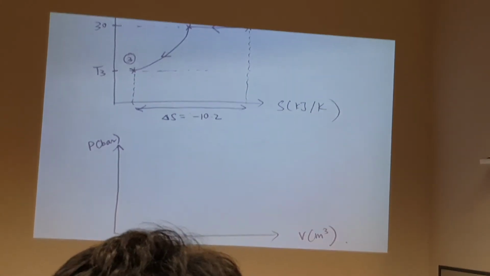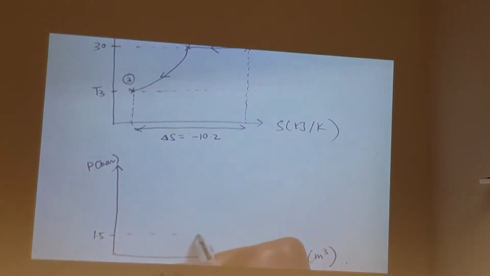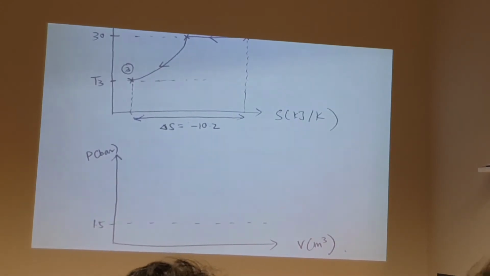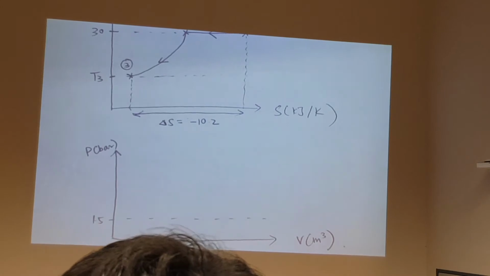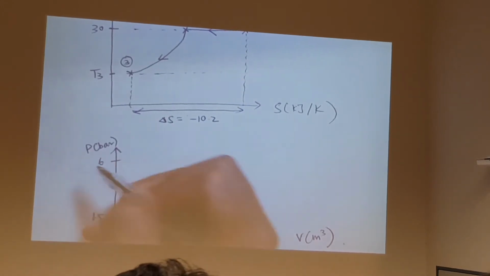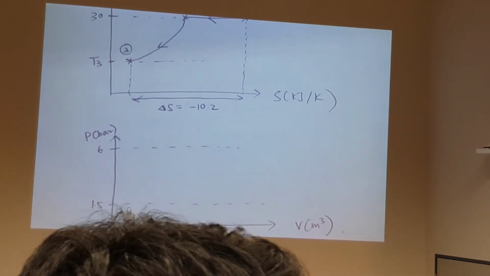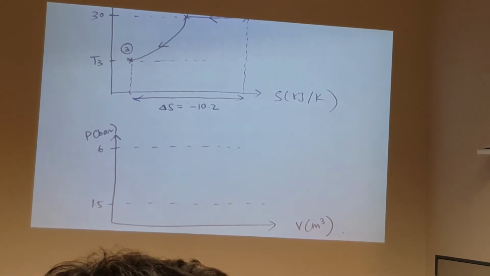Initially, my starting pressure is 1.5. Right, then I undergo an isothermal step, and that brings me to a pressure of 6 bar. So you know that your point 1 must lie along 1.5, your point 2 must lie along 6 bar.